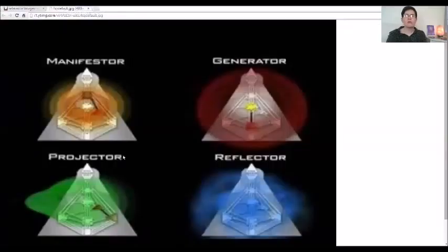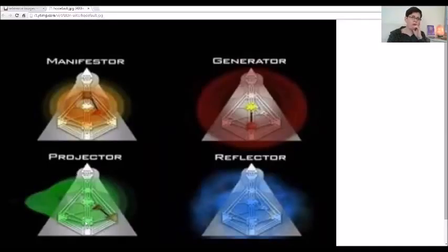So 22%, I believe, of people are in the category that has this green aura called projectors. They will not have a sacral. All the rest of the types do not have a sacral definition. So they are not an energy being. Generators are energy beings, and projectors are here to guide others.